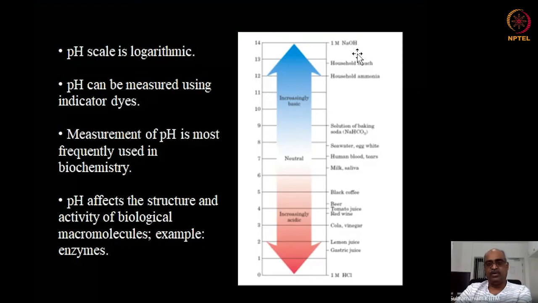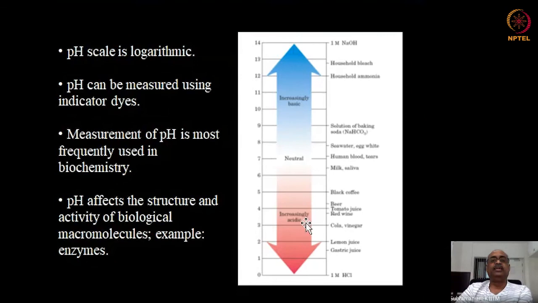If I take 1 molar NaOH, and I get 1 molar Na plus and 1 molar OH minus, meaning it completely dissociates, then that is the strongest base. Similarly, if I take hydrochloric acid, if 1 molar HCl dissociates to 1 molar proton and 1 molar chloride, then I call that the strongest acid. So weak acids do not completely dissociate. That's the difference between strong acid and weak acid.